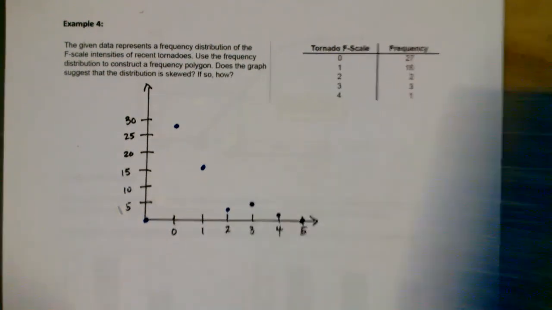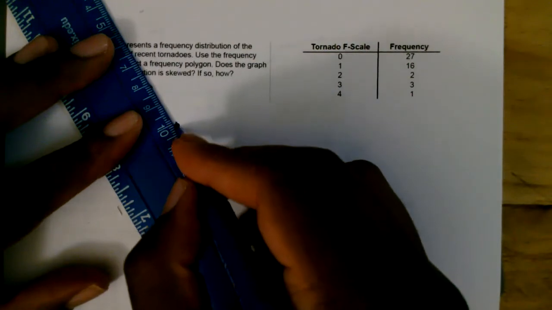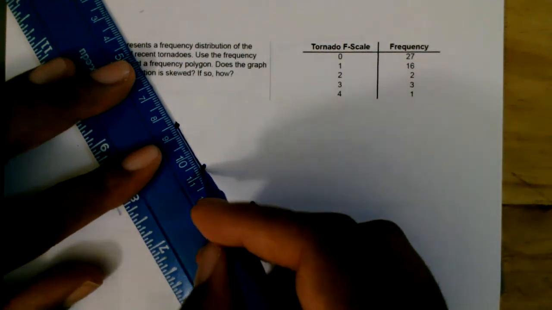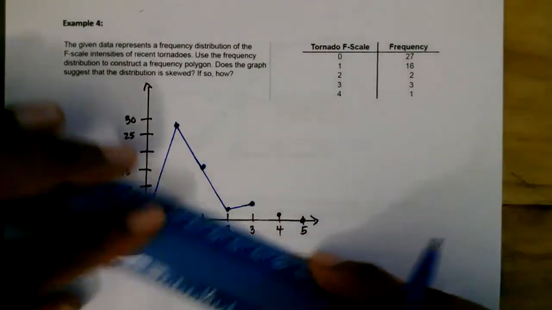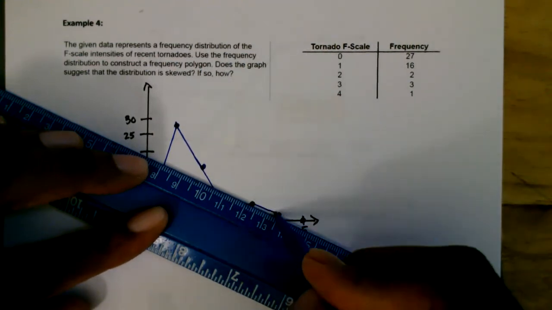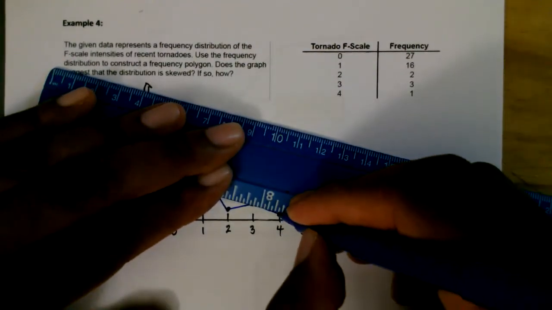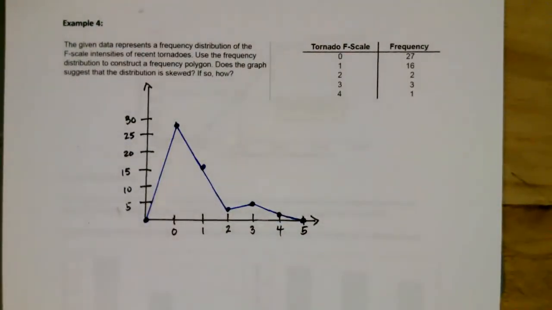Okay, so the next thing I'm going to do is connect the dots, from 4 to 5. Okay, so there's my frequency polygon for this.